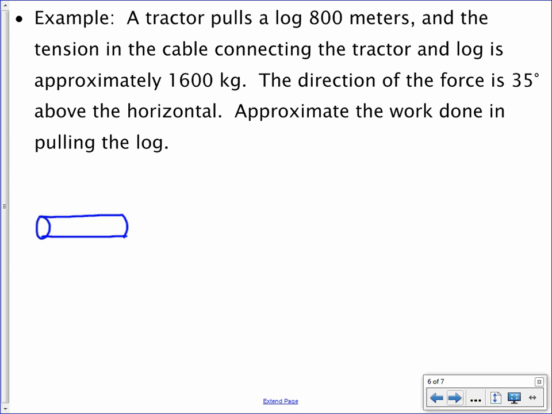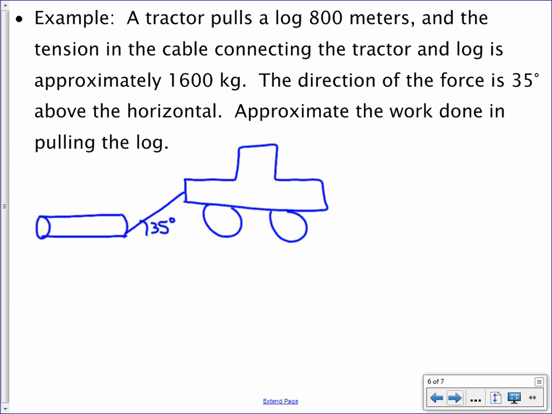We have a log attached to a tractor at a 35-degree angle. I know that's not really what a tractor looks like, but it's just an illustration. We have a force of 1,600 kilograms at an angle of 35 degrees, and the log is going to get pulled 800 meters.